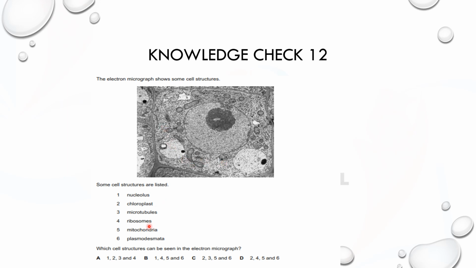Okay, that's ribosome. Mitochondria can be seen. This is mitochondria, right? See it. Plasmodesmata are a link between a cell and another. This is a plant cell. They have plasmodesmata. You can see that link out there. So we see 1, 4, 5. So the answer is B.